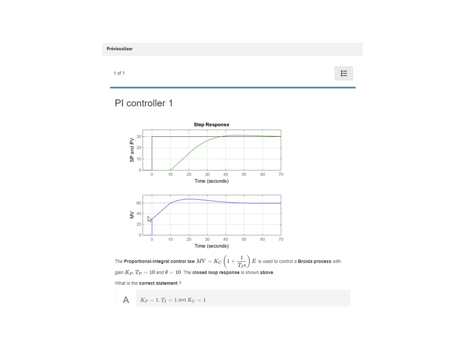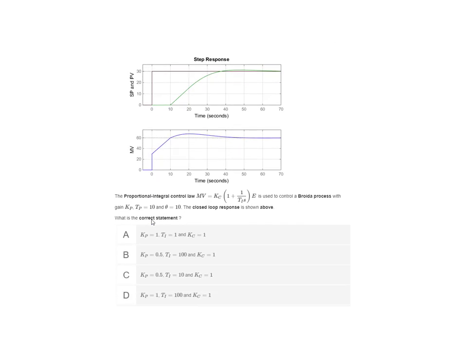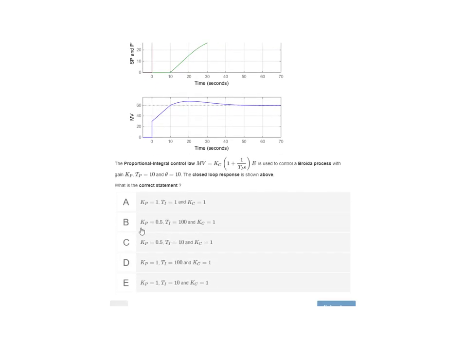And you can clearly see here that the controller gain is 1, because an error at the time of the set point change of 30 results in a variation, a proportional kick of 30 over here. So we have a gain of the system that is 0.5 and a gain of the controller that is 1. So this leaves us alternative B or alternative C.